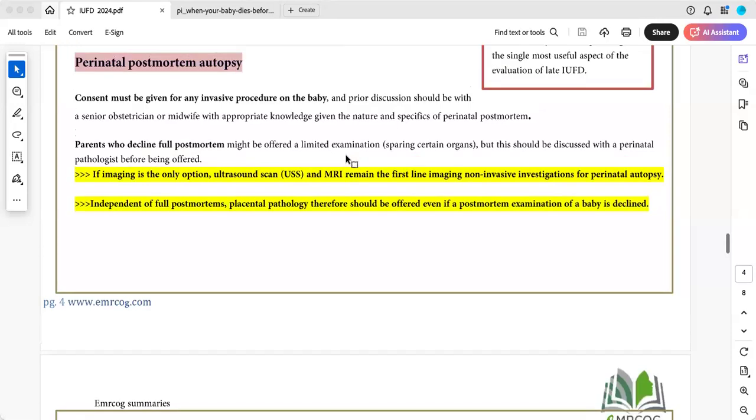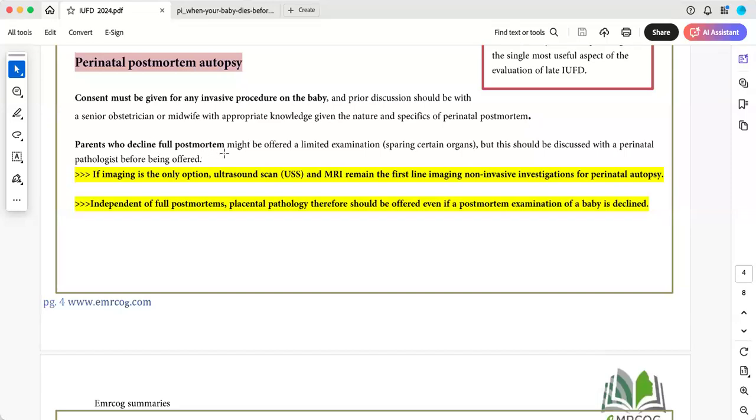The perinatal postmortem autopsy, okay, so again, consent must be given to any invasive procedure for the baby, and a prior discussion should be done with a senior obstetrician or midwife with appropriate knowledge, given the nature and specifics of the perinatal postmortem.